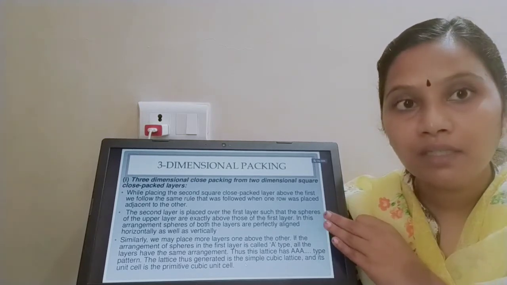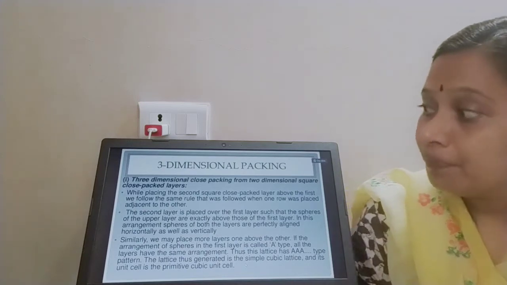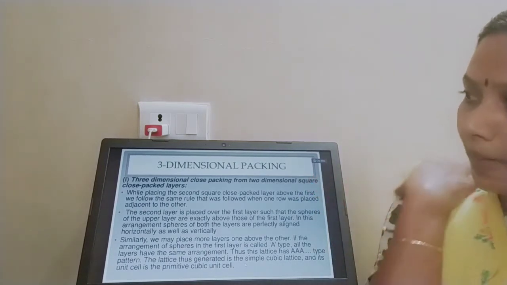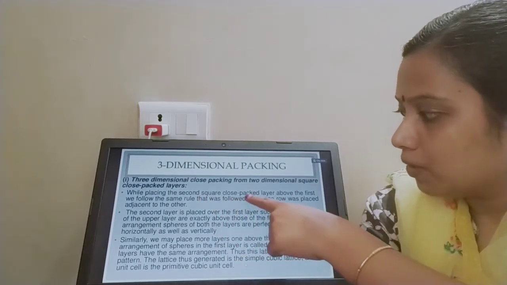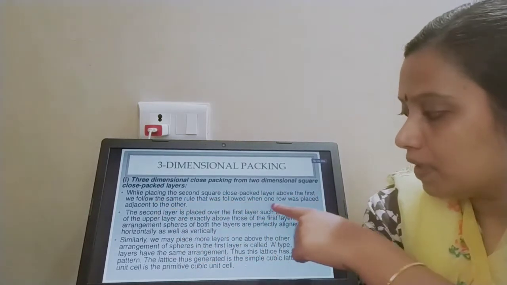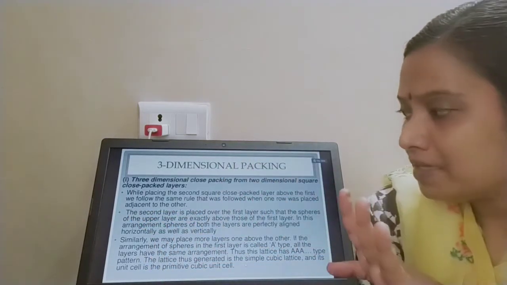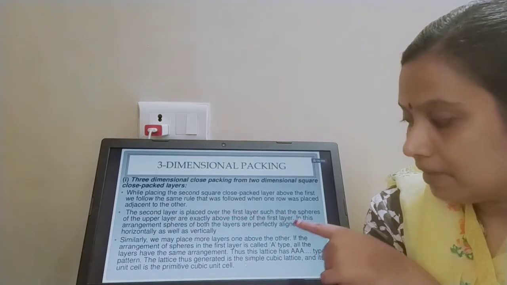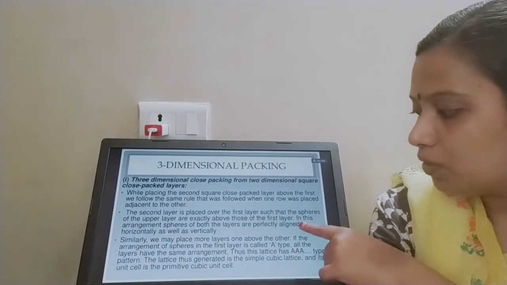Moving to the third way of packing, that is 3 dimensional packing. Okay, 3 dimensional close packing from 2 dimensional square close packed layers. See, I am going to place the second square close packed layer above the first. We follow the same rule that was followed when one row was placed adjacent to the other. I have placed the second layer over the first layer such that spheres of the upper layer are exactly above the first layer.